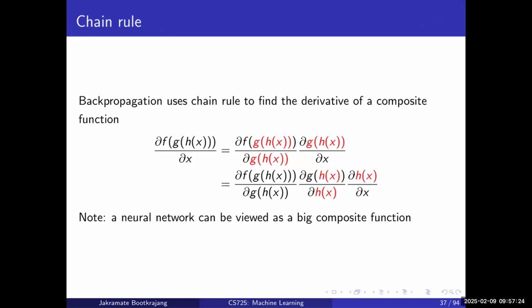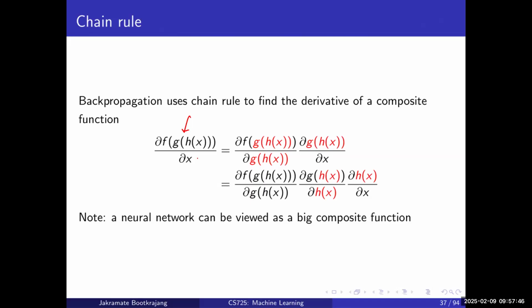So for the chain rule, you have a composite function, right? For example, you have g and then h. So basically, you set x to h, and whatever output you get, you set it to g, and then take the derivative.